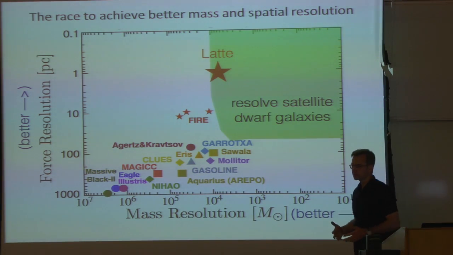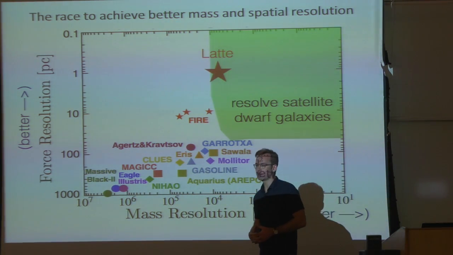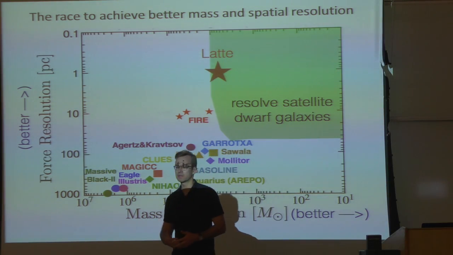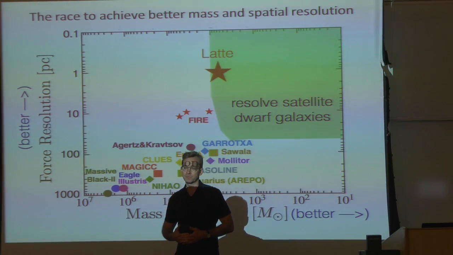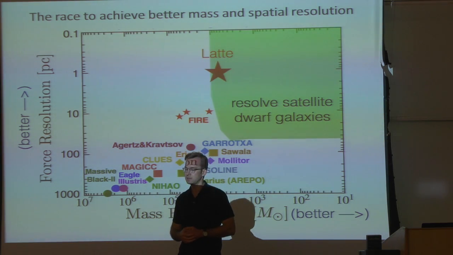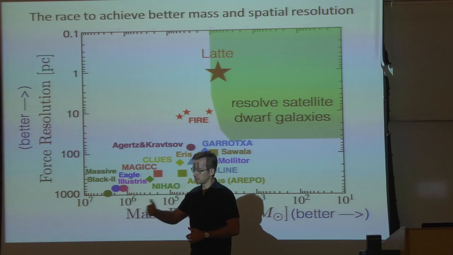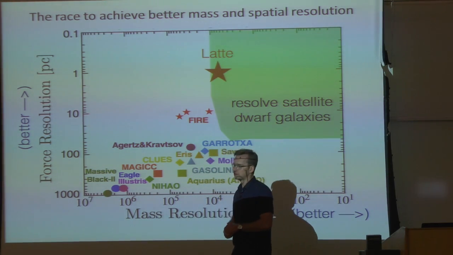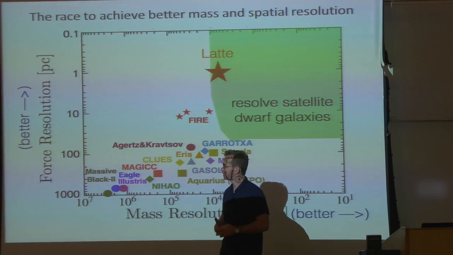There are several groups in the world doing this type of simulation, and there is a race right now. There has been a lot of progress in simulations of this type in the last 10, 15 years. And it continues now, and there is a race to get better and bigger.